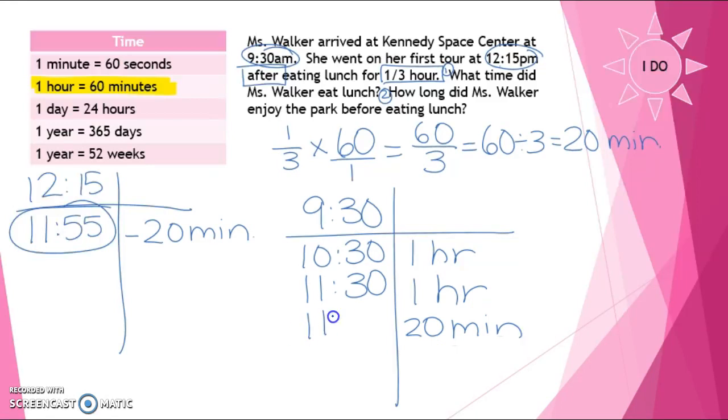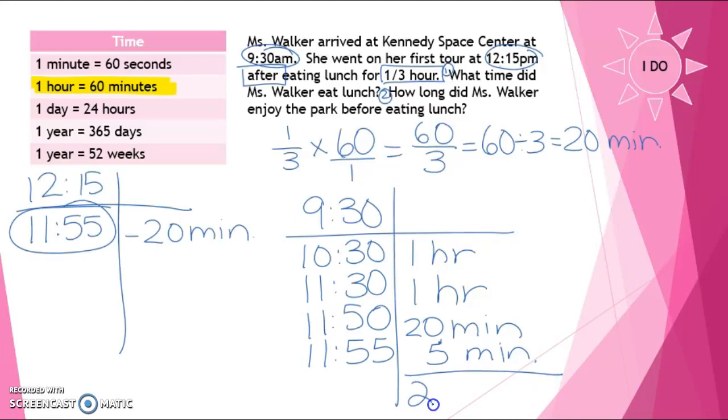That would be 11:50. And then let's add 5 more minutes. That would be 11:55. But how long was she at the park before eating lunch? 2 hours and 25 minutes.